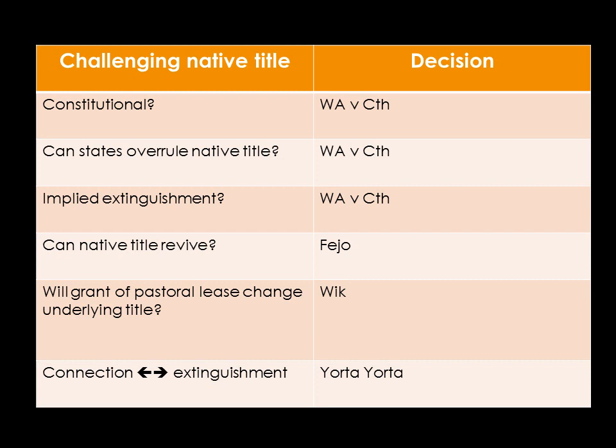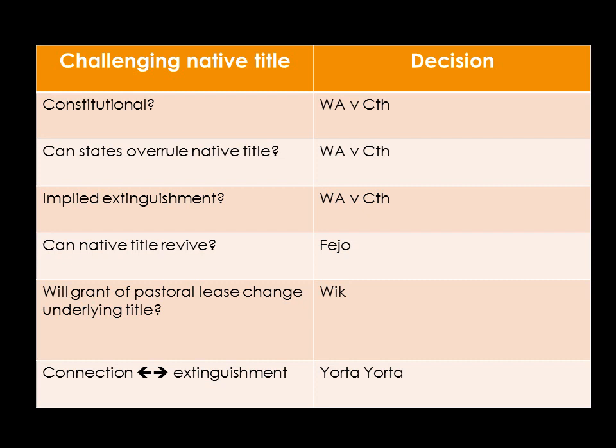of native title. In the Yorta Yorta decision, there was an issue of connection, the question of connection, and in this case the court found that while the applicants, the traditional owners, had been successful in reviving their culture, the reality of dispossession, the reality of removal from lands over years, meant that they hadn't had that continuous connection with land that was required to demonstrate native title.